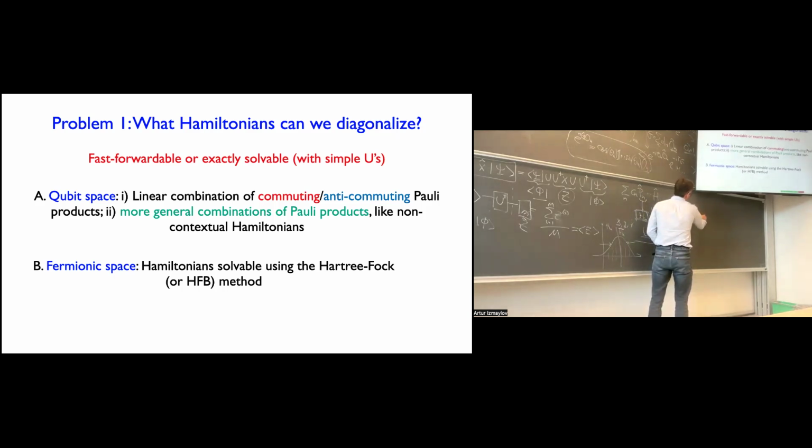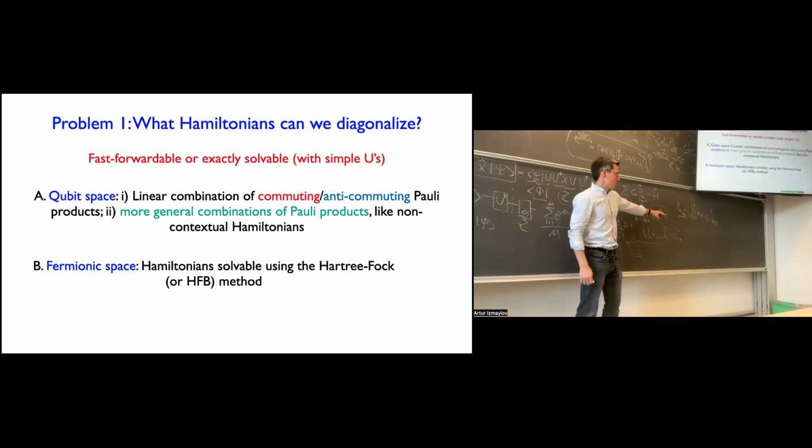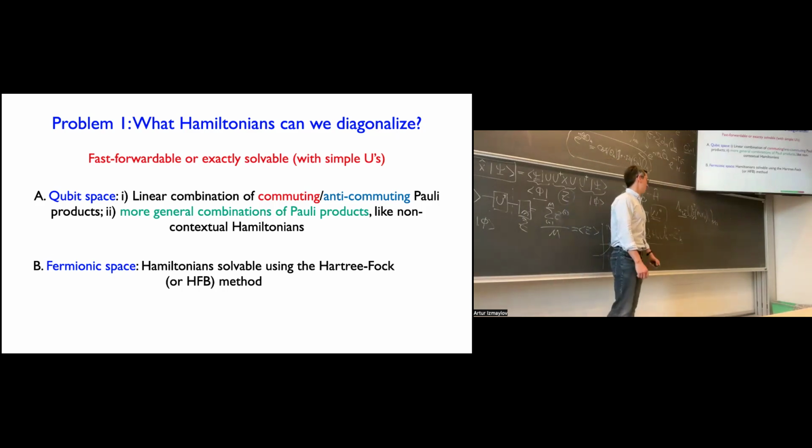Occupation n_i, epsilon_i, U orbital. So we'll talk about how we can generalize this recipe, or maybe going beyond Hartree-Fock to Hartree-Fock-Bogoliubov. So this is just a different algebra that allows you to do different tricks.